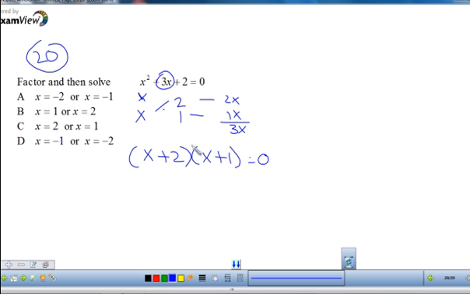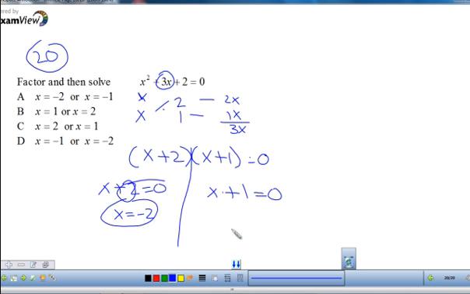And then I'm going to use the zero product property to break them apart. Okay, so we're going to have x is equal to negative 2 and x is equal to negative 1. The answer can be either A or D.